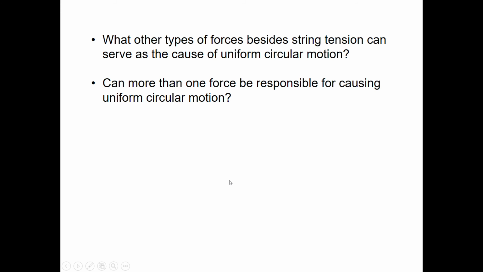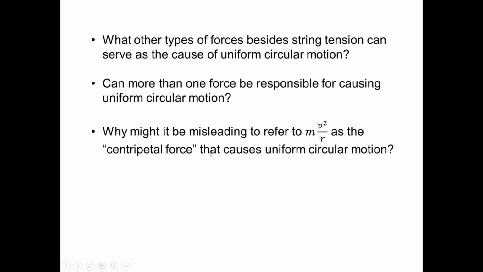Now, I'm asking here, can more than one force be responsible for causing uniform circular motion? And the answer is yes. Sometimes there are multiple forces. You can't say that there's always just one force that causes it. In other words, in F net equals ma, that F net could be from a lot of forces.